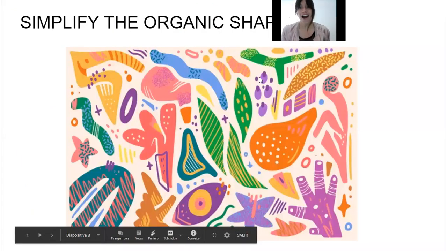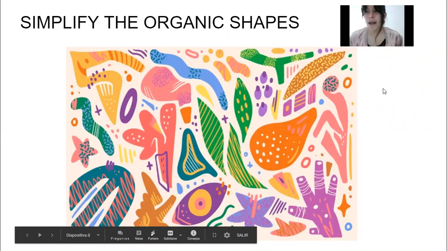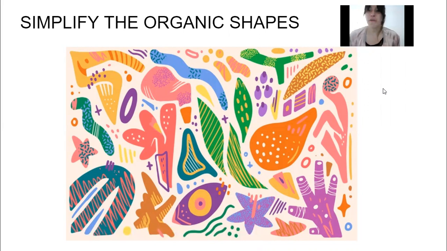So what artists do all the time is be inspired by nature, and what they do is draw these organic shapes and simplify them. It's something similar to what's happening in the video. In the video you saw this bowl of fruits, and then the artist makes the drawing and simplifies the shapes.